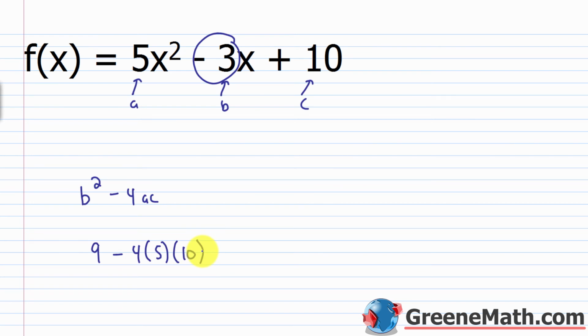Just looking at that, I know this is going to be less than 0. 4 times 5 is 20, 20 times 10 is 200. You would have 9 minus 200, which turns out to be negative 191, and negative 191 is less than 0. If the part underneath the square root symbol is negative, you're not going to have a real solution, so there are no x-intercepts. So 0 x-intercepts.